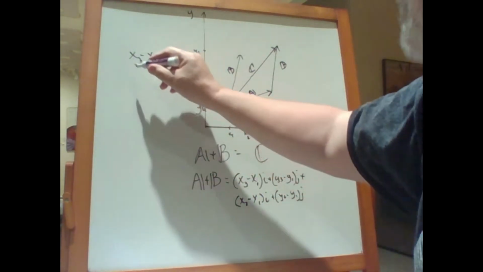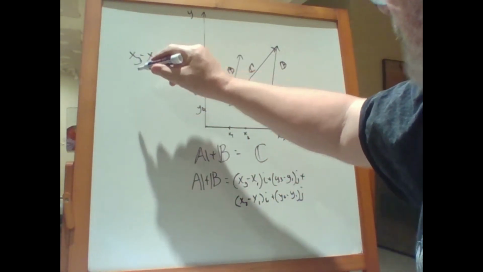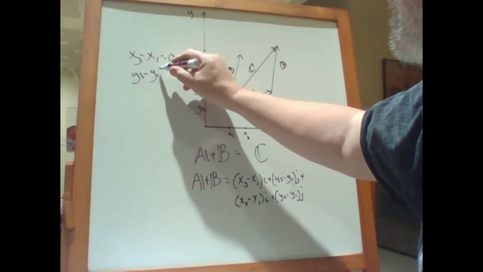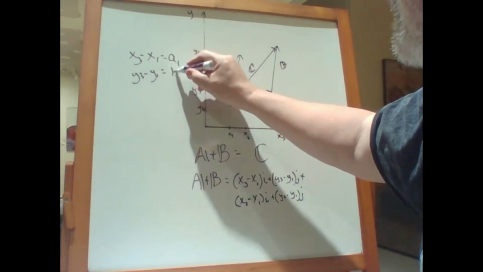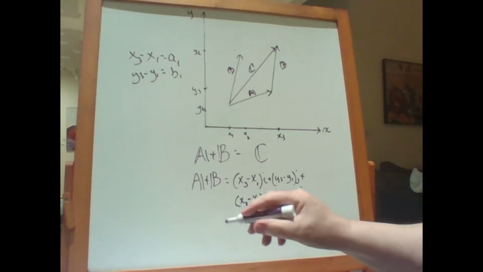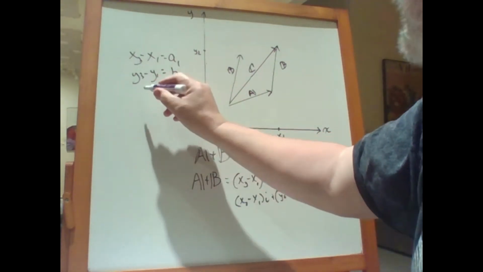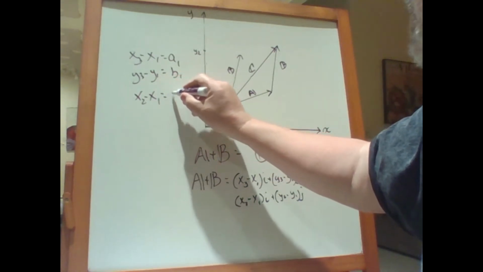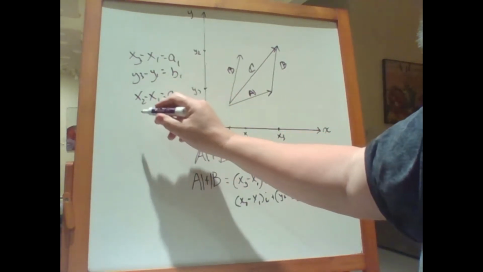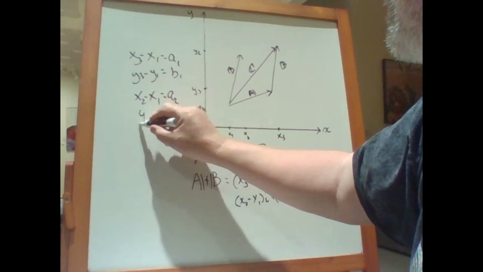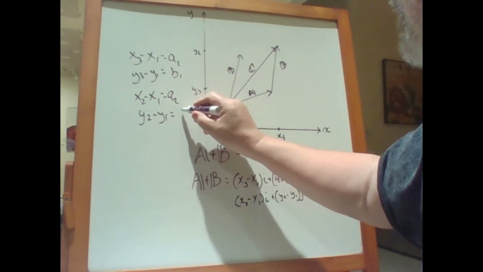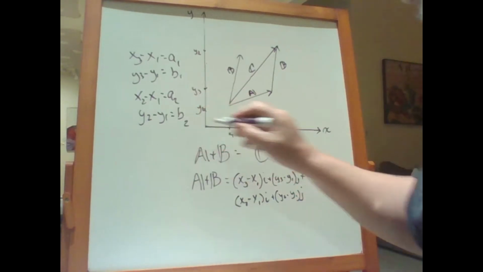We'll call y3 minus y1 b1. We'll call x2 minus x1 a2. And we'll call y2 minus y1 equals b2.